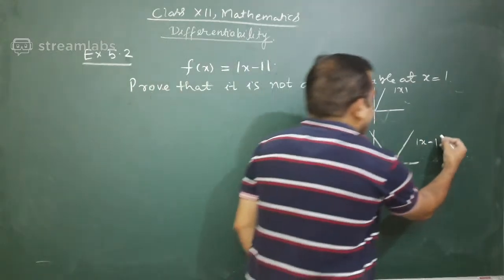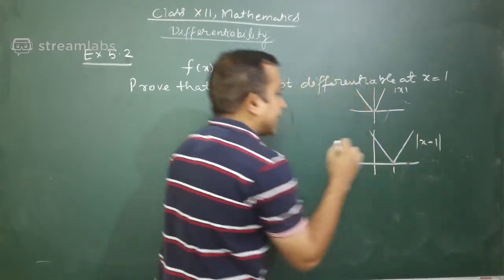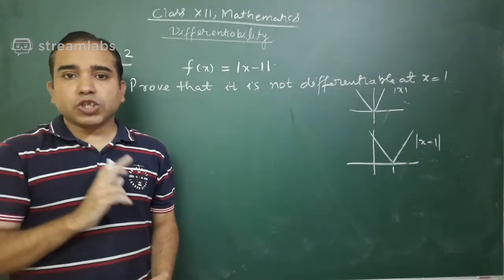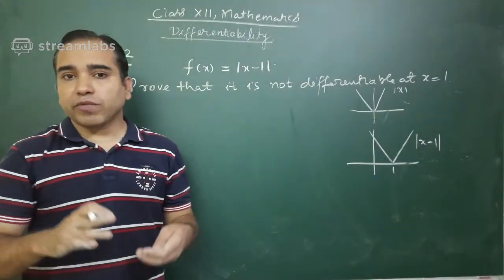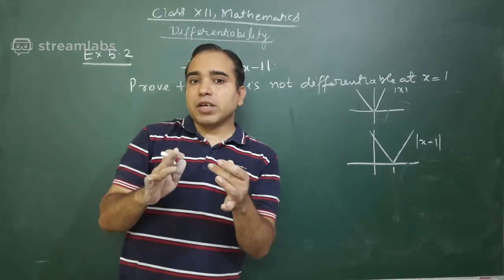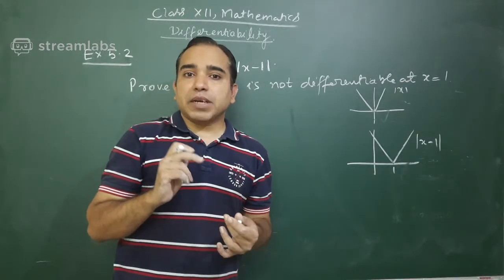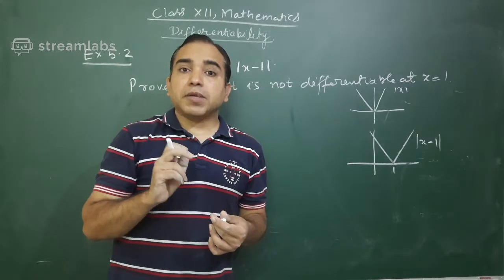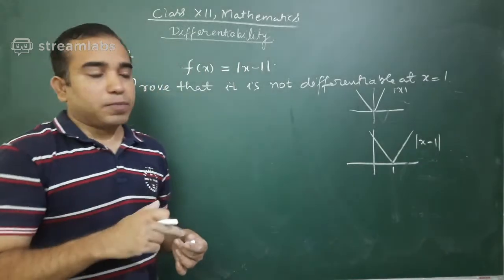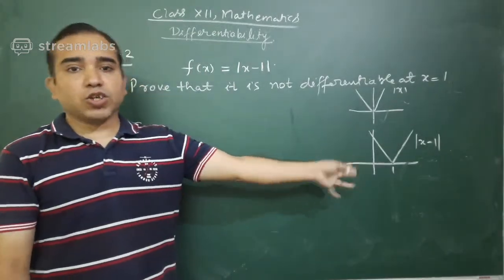And because it takes a vertex at x equal to 1, it is not differentiable at 1. For being differentiable, two things are needed: it must be continuous at that point, and it must not have a vertex at that point.